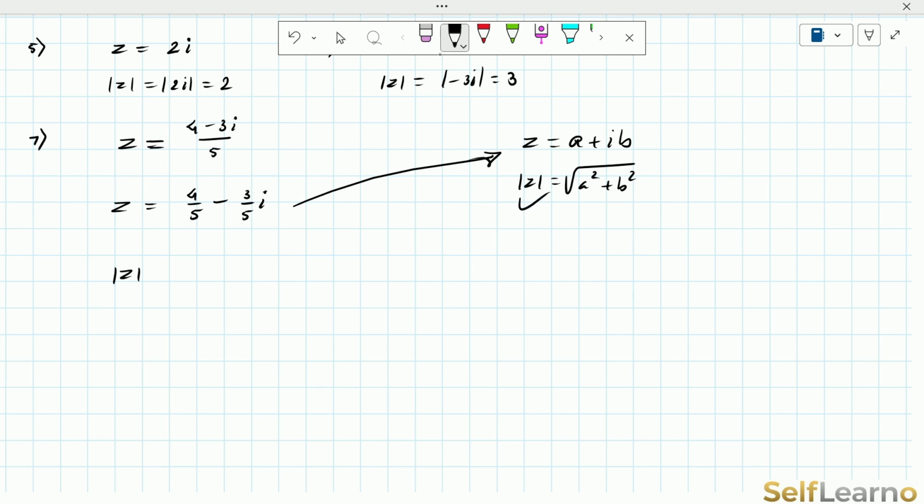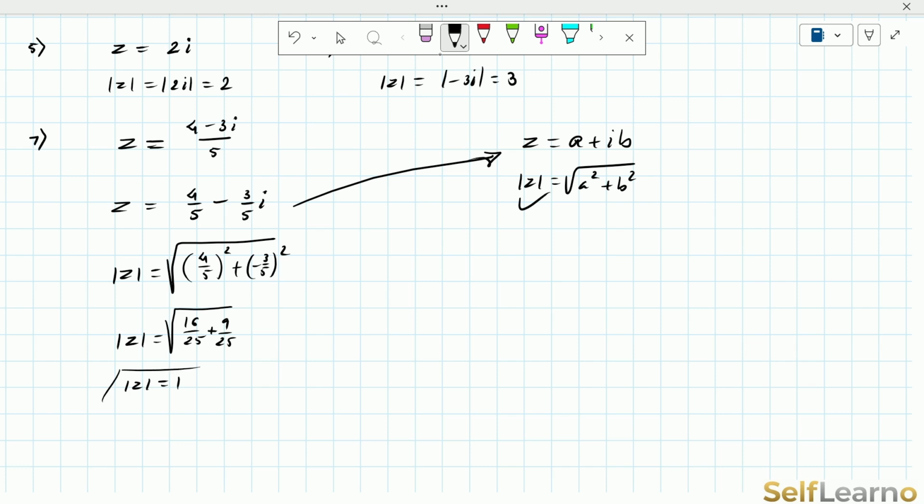Modulus of z is equal to under root a square plus b square, (4 by 5) square plus (3 by 5) square. You can use your calculator, but here I am not using a calculator. 16 over 25 plus 9 over 25, so that is 25 over 25, that is 1. Square root of 1 is 1. Great.